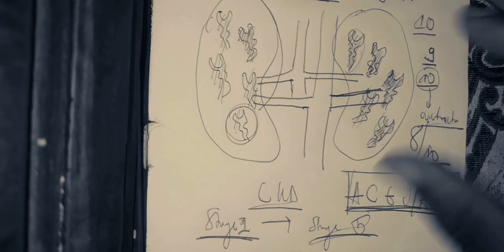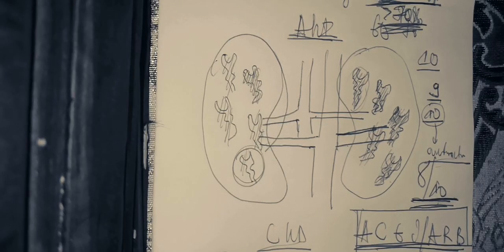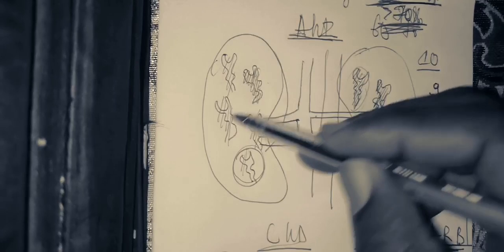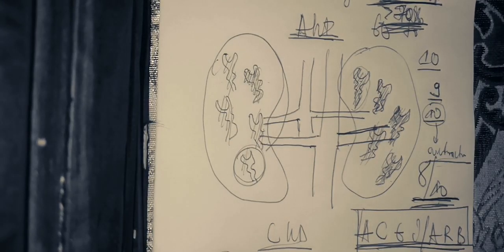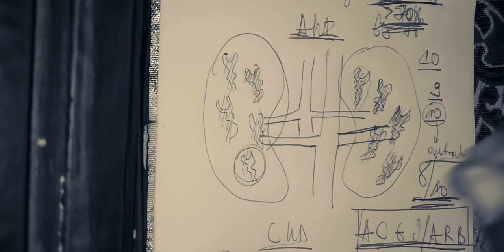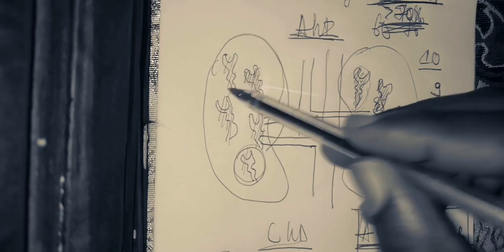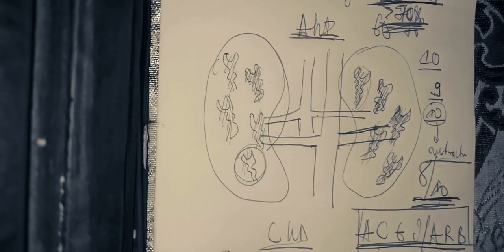And also, you need to know that when you have an acute kidney injury, these other nephrons here are not dead, they are just damaged. And using an ACE inhibitor is going to prevent their perfusion. Is it clear? All these 9 nephrons here are not dead, they are instead damaged. But in chronic kidney disease, when one nephron is not functioning, it is dead for life.